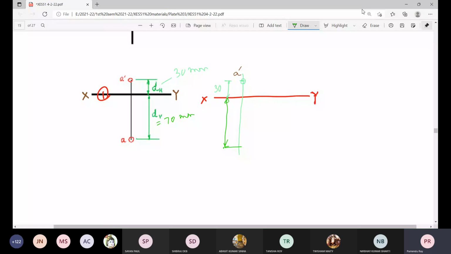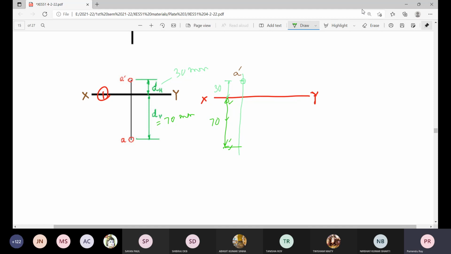Put this dimension. Now all these formalities, whatever you have done in your first plate, you need to remember: the extension line, the dimension line, the dimension arrowheads, and the dimension figure 70. Somewhere at the right and bottom corner, you normally write that all dimensions are in millimeter.